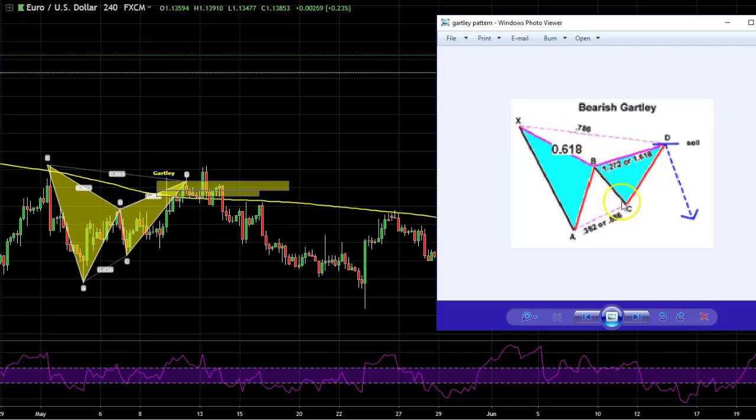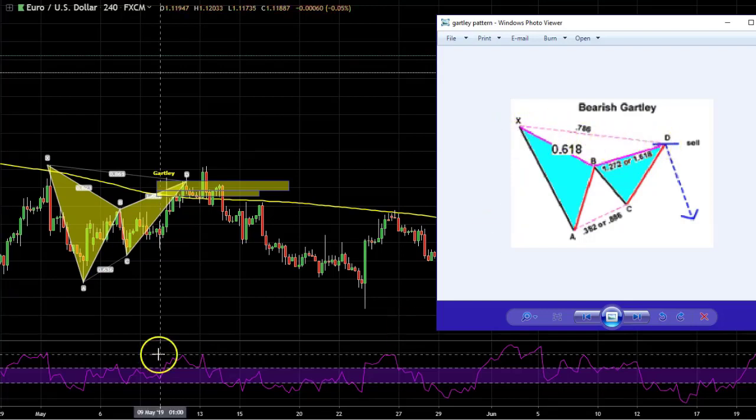Okay, the last one that goes up should not break the area where you started to plot this pattern. So we look at this as our X, and our D should not surpass our X.